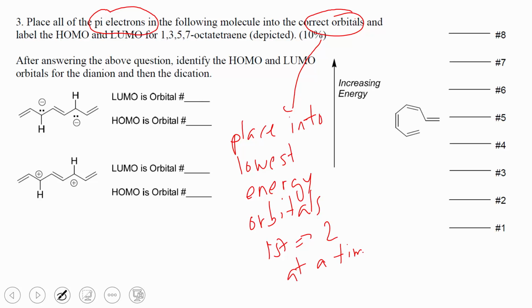We can't have more than 2 electrons spin paired in any orbital. So we're putting the pi electrons into the correct places. That's the first task that we're going to do.